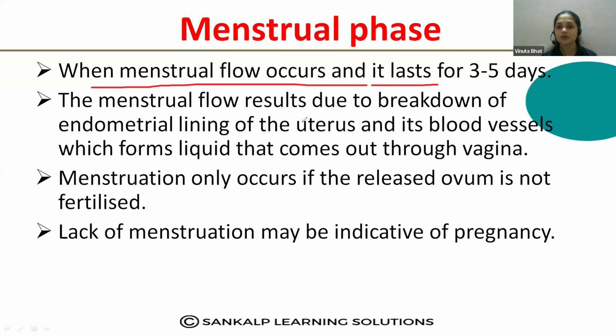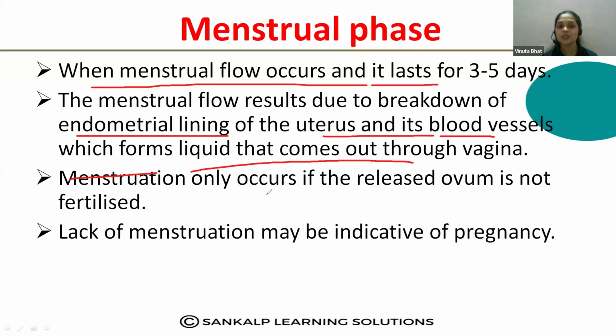It is because of the breakdown of the endometrial lining. Endometrium, myometrium, perimetrium. The endometrium lining of the uterus and its blood vessels break down, which forms the liquid that comes out through the vagina. That blood comes out through the vagina.